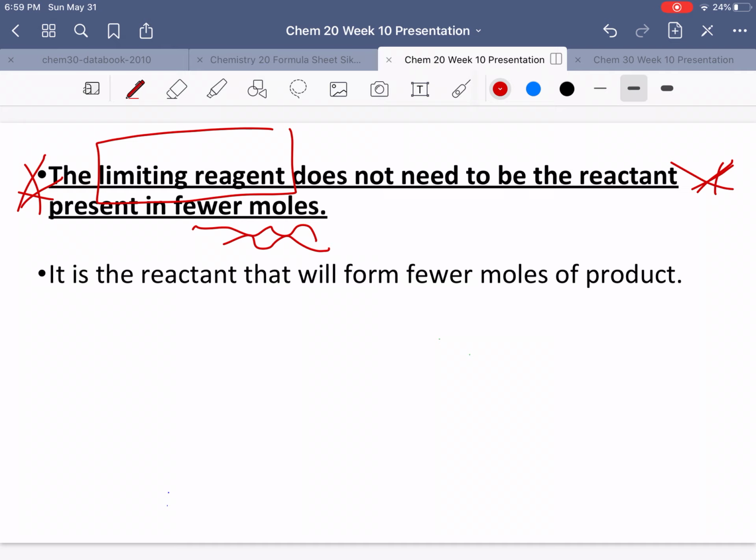It's going to all depend upon the coefficients. Now, ultimately, the limiting reactant is the one that will end up producing the lowest number of moles of product. And it's producing the lowest number of moles of product because it runs out first. Okay? This is key. I'll give you an example to show you a little bit more of what I mean.